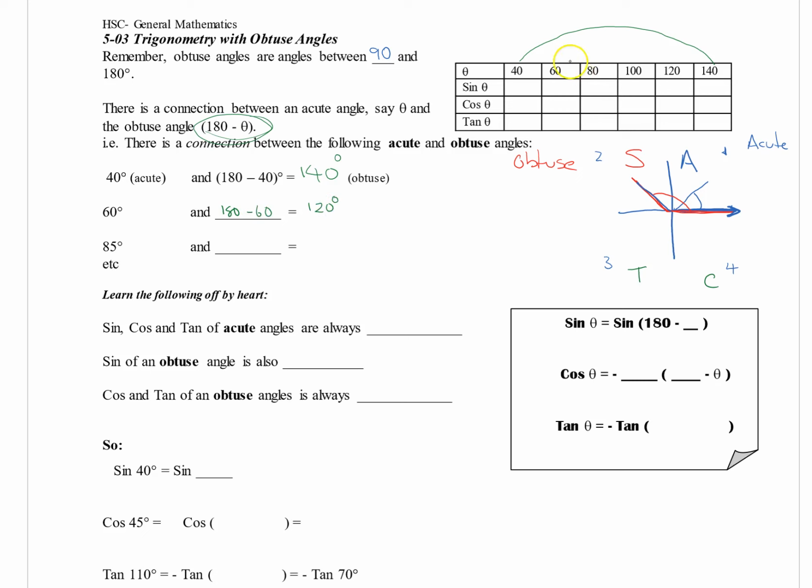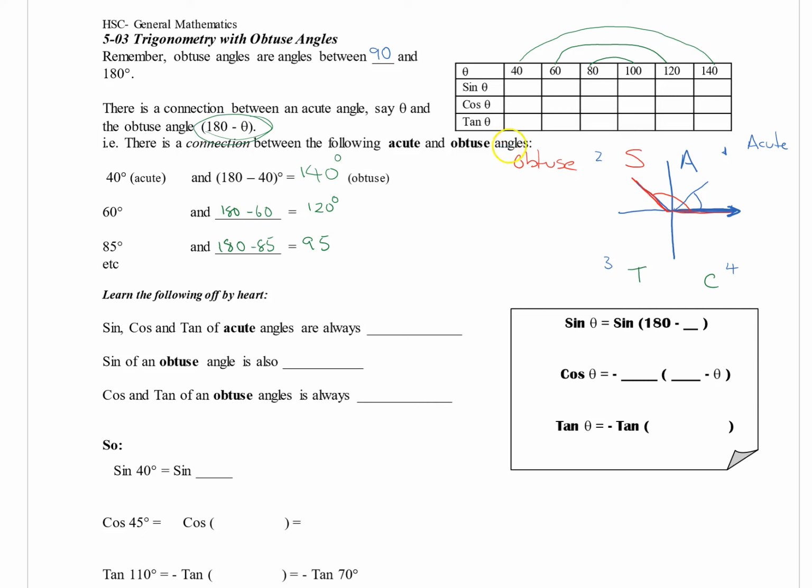And again, you can see that I've got both 60 and 120 in the table. 85 would be 180 minus 85, which is 95. I didn't put that one in, but you can see that I have put in 80 and 100. Why? Because they're the two angles, one being acute, the other being obtuse, that will have a connection.